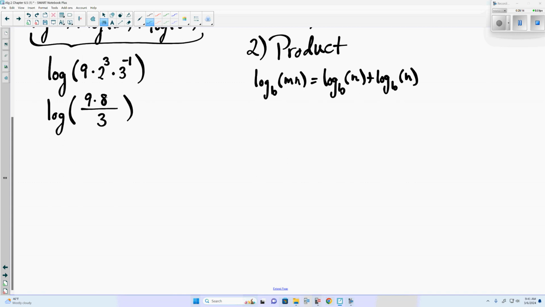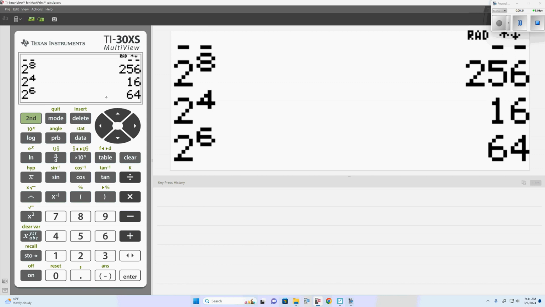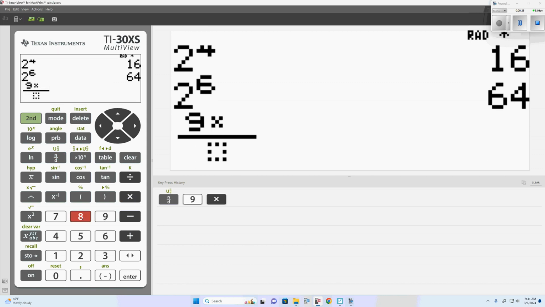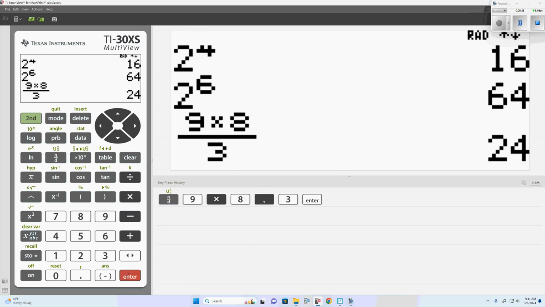Because 9 times 8 will, and is 9 times 8 going to be divisible by 3? Well, 9 and 3, yes? And we could go through that division, or 9 times 8 over, so it's log of 24.